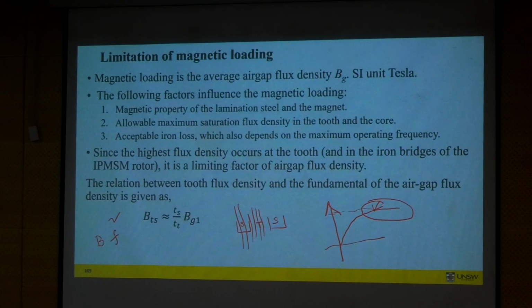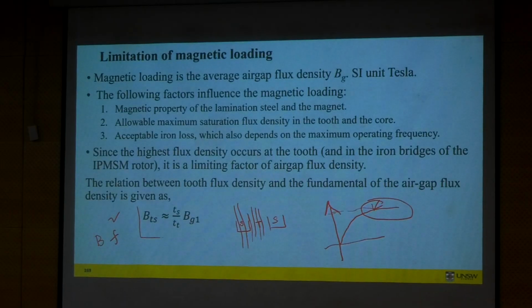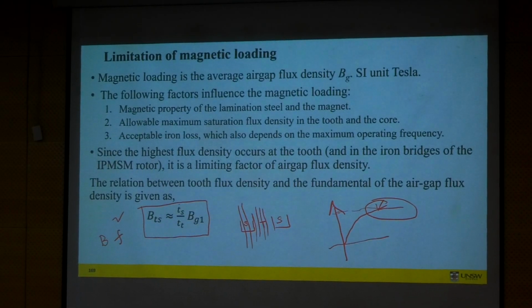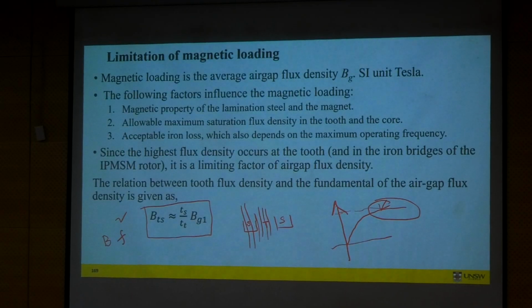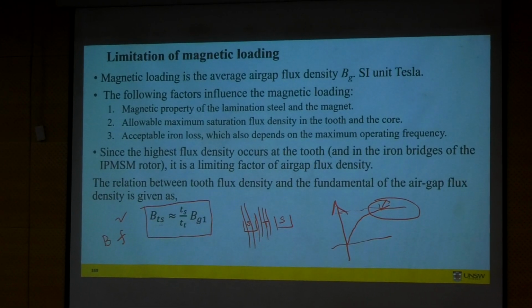And the flux density that you are expecting in the tooth can be calculated from the slot and tooth dimensions: the slot width T_S over the tooth width T_T times the air gap flux density's fundamental component. So if you have decided, okay, it's going to be 0.9, let's say, and you calculate this ratio, you have already decided the dimensions of your slots, so you can find your expected tooth flux density.